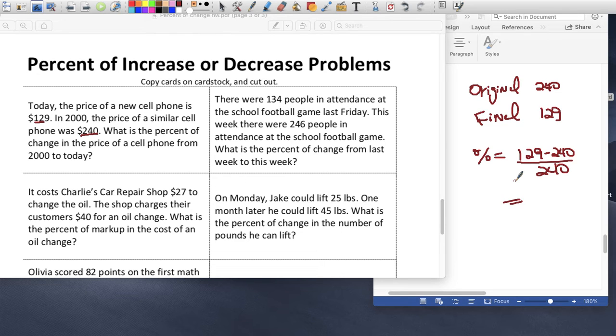So 129 minus 240 equals negative 111. We're going to divide that by 240. And you're going to get negative 0.4625. And we're going to change this to a percent, and it's going to be negative 46.25%. Why is it negative? Because the price decreased.